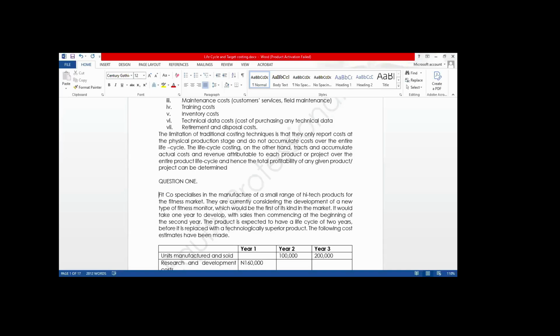Yes, target costing also, life cycle costing. The 2 methods can be used simultaneously. It is possible for the examiner to merge the 2 methods together. If you are doing life cycle, then you must achieve a specific target. Is that better, sir? Thank you, sir.